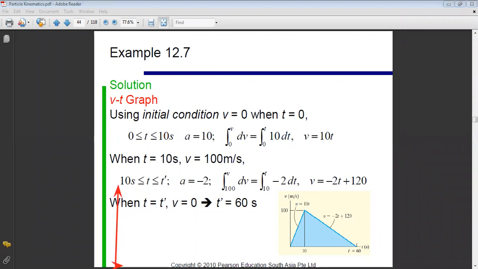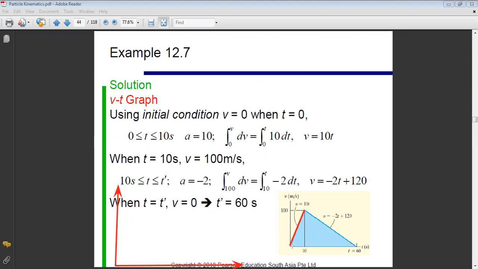So first, what do I have? I'm starting from the origin, so at the initial state, s is equal to 0. Now in the first phase, I have that v is linearly increasing. Okay, so I have v positive, so s should be increasing because v is the derivative of s.